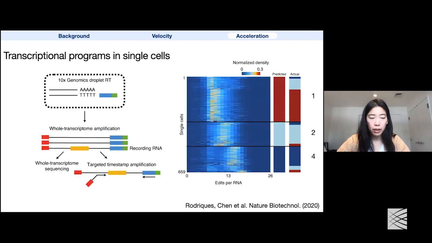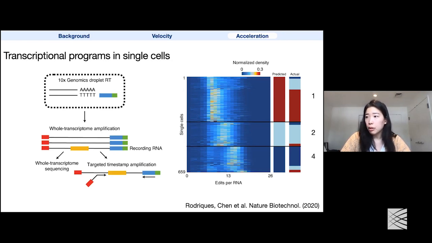So you can also integrate these single cell analyses with 10x sequencing by performing an additional targeted amplification on the timestamps. This heat map on the right shows the differences between the predicted and the actual time points for the single cells. So each row is a single cell, and the x-axis is the number of edits, and the color is basically the fraction of each cell's editing distribution that belongs to a certain number of edits.